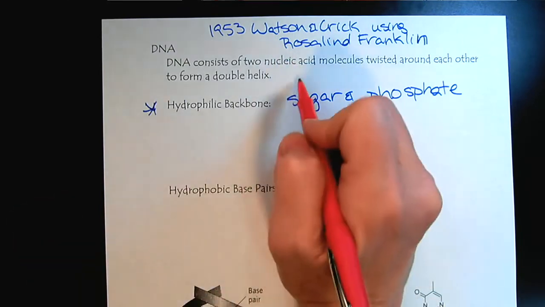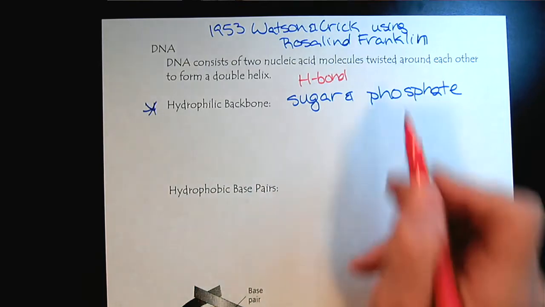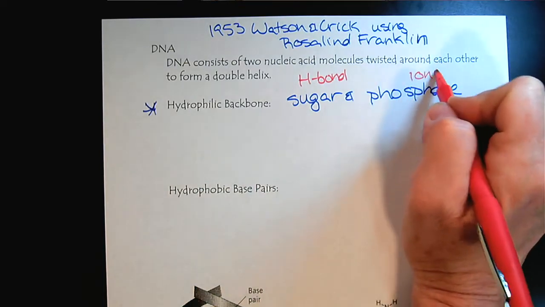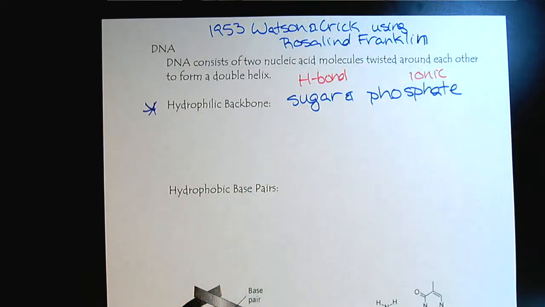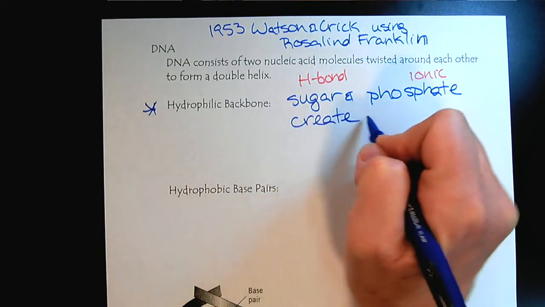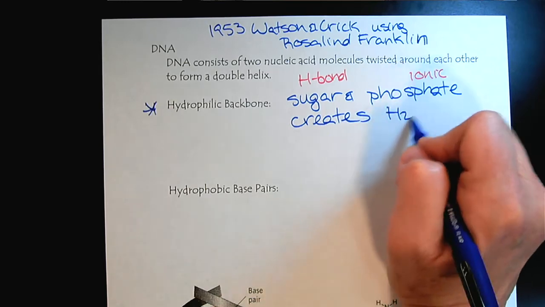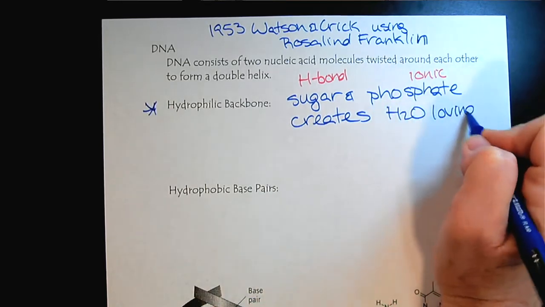Well, sugars love to H-bond with all those hydroxyl groups, and the phosphate group is ionic. So this creates the backbone or the ribbon, this water-loving backbone.